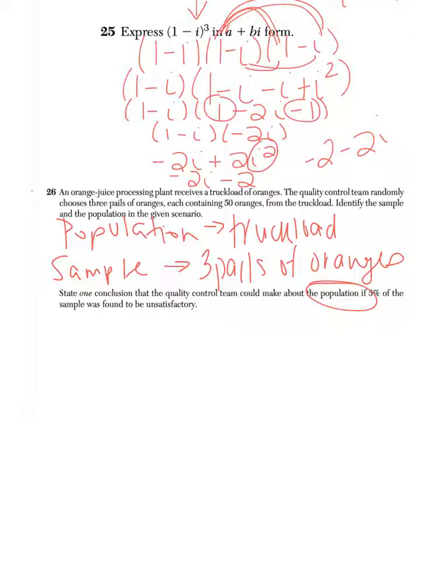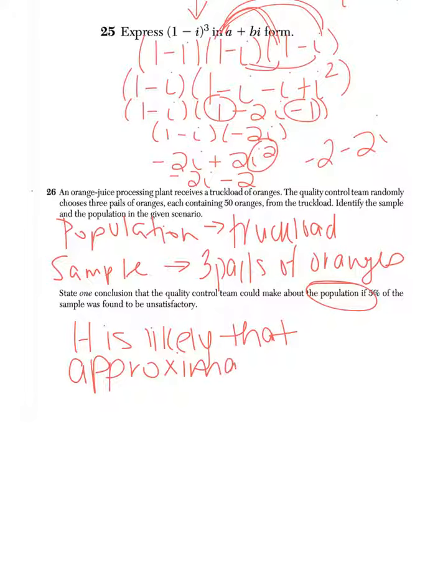So you could say for your conclusion, it is likely, or usual, we would say in class, it is likely that approximately, you can't say exactly, that approximately 5% of all, this all here is the population.